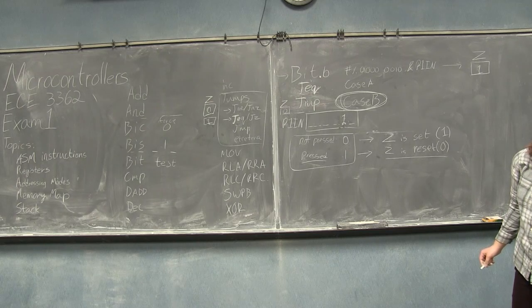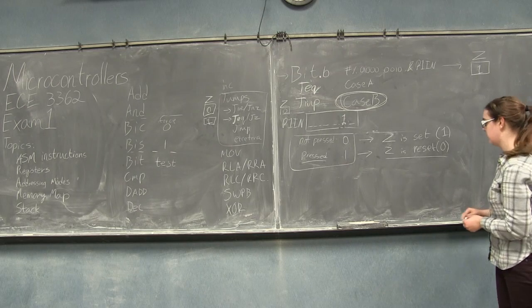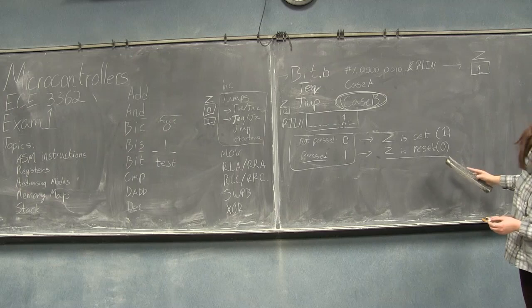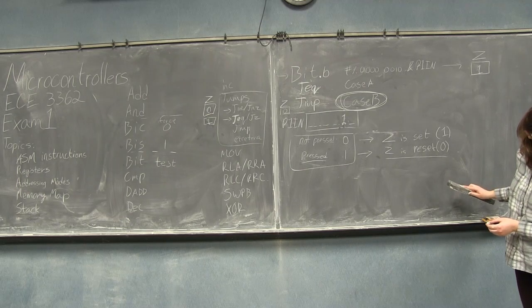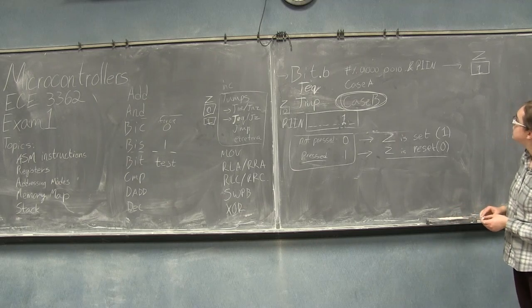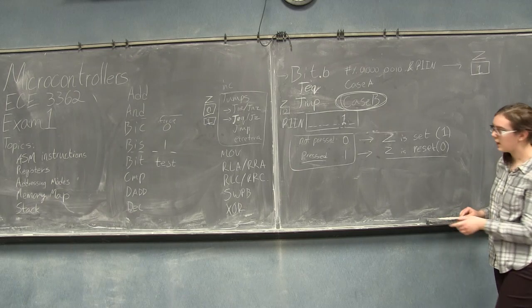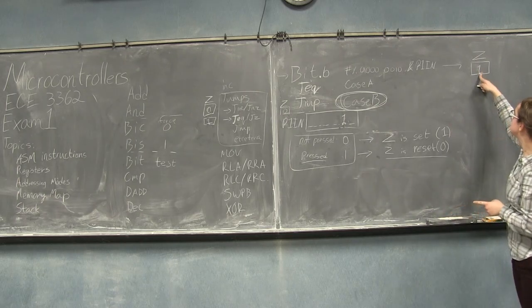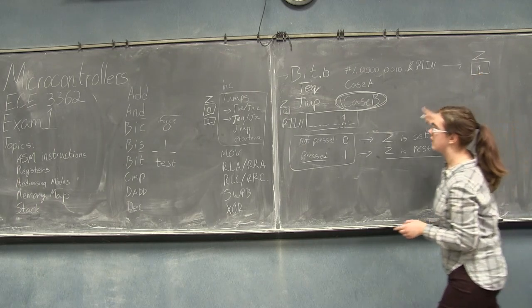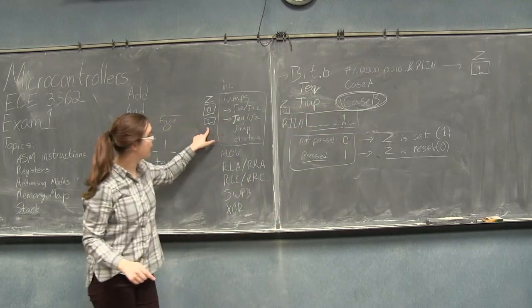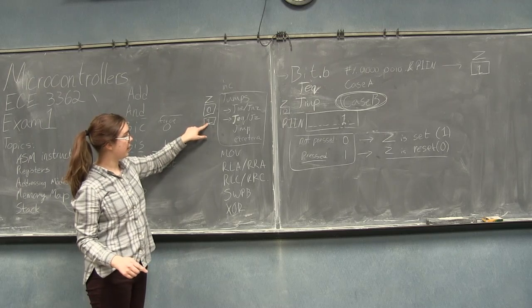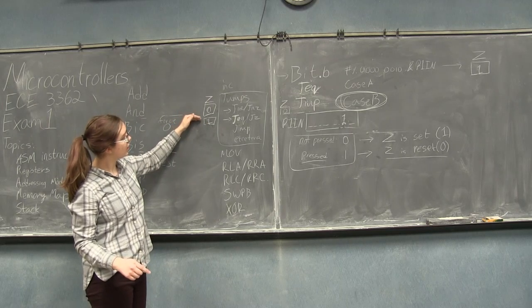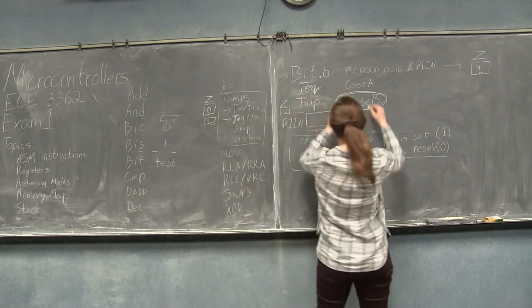Let's see. Right, so if this is 1, it should output a 1 if we have logic high. So then Z, we go to here and see which one we jump on. And because we know that we jump on 1, JEQ, what?